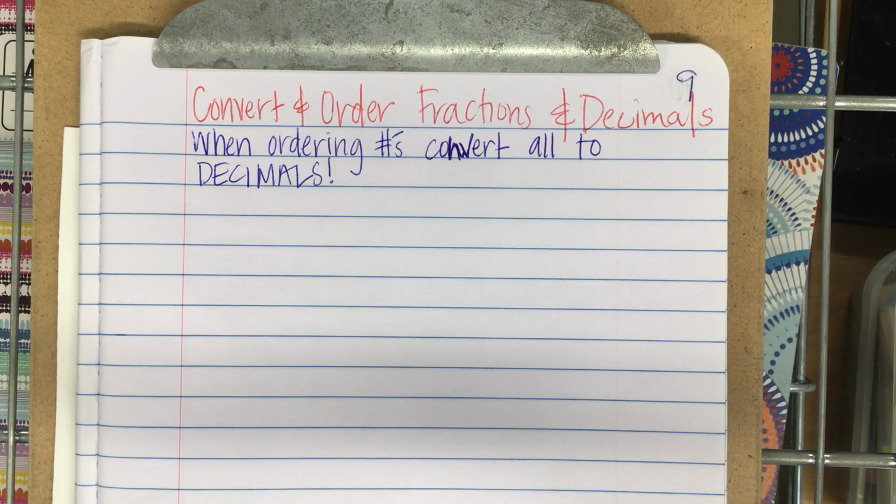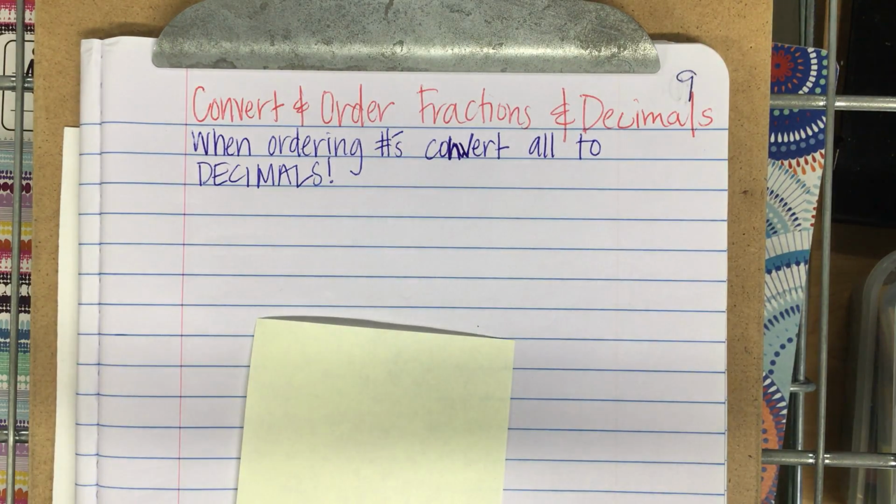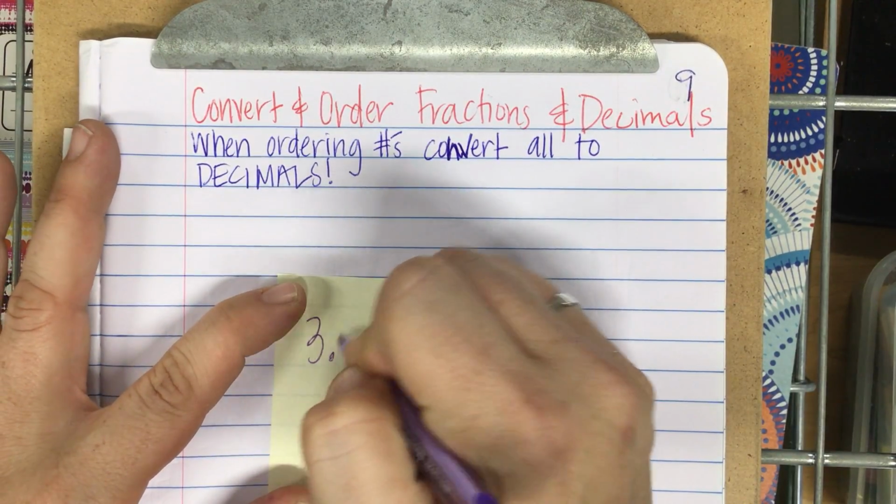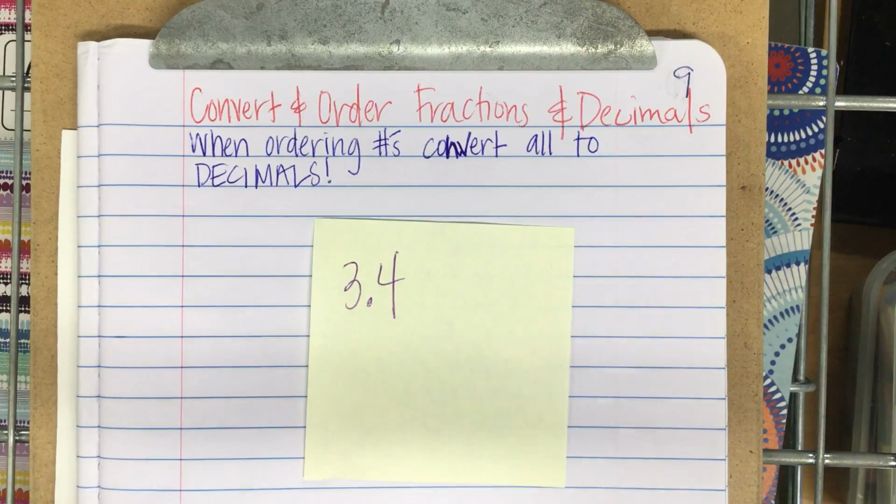Ladies and gentlemen, I'm going to ask you some obvious questions. Are you ready? If I said, let me write it down, if I said this number, can you convert that to a decimal? No, it's already a decimal. Technically you can't.